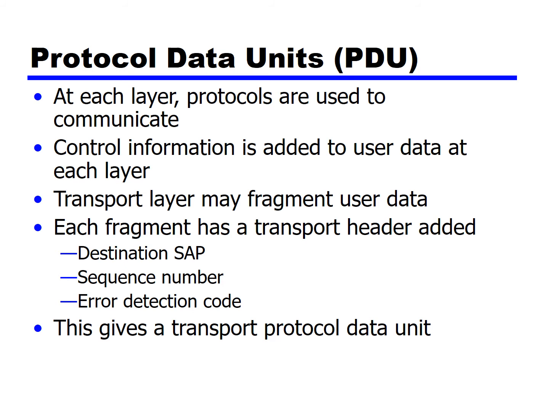The transport layer may fragment user data. Each fragment has a transport header added: destination SAP, sequence number, and error detection code. This gives a transport protocol data unit.